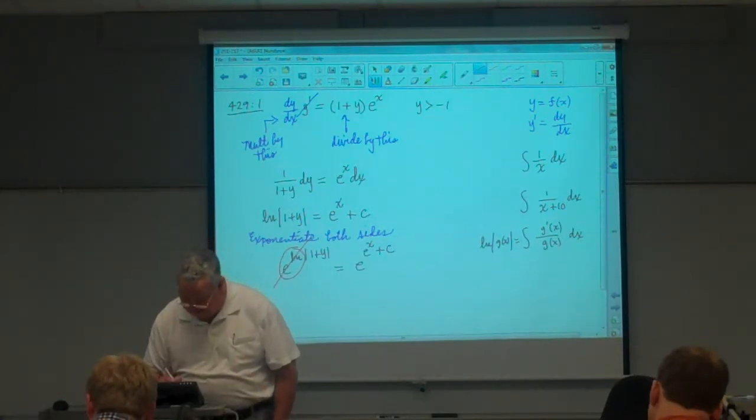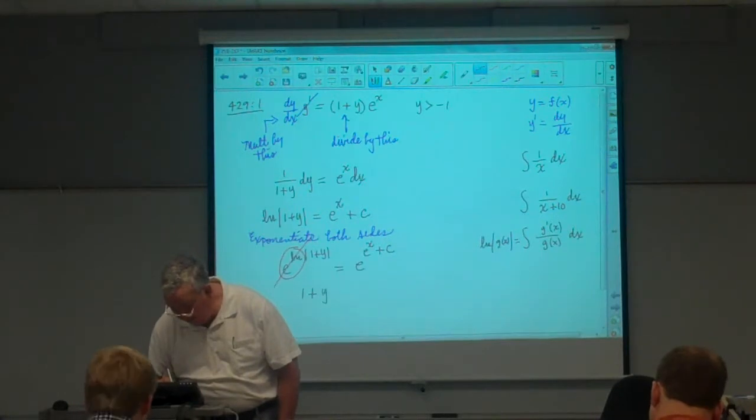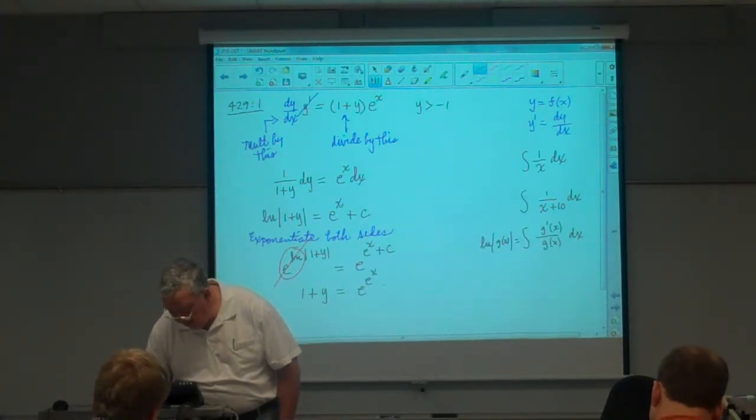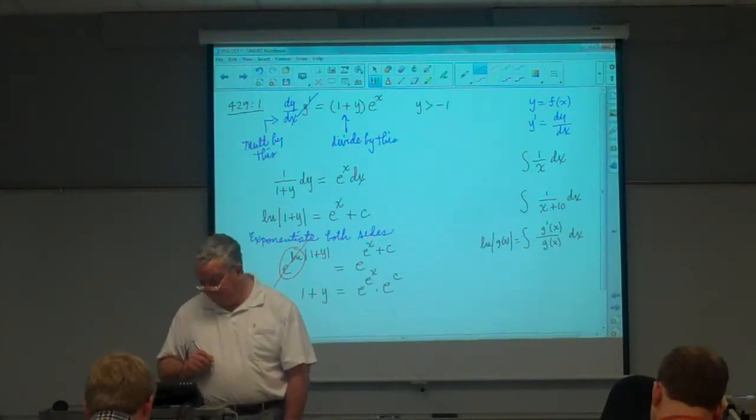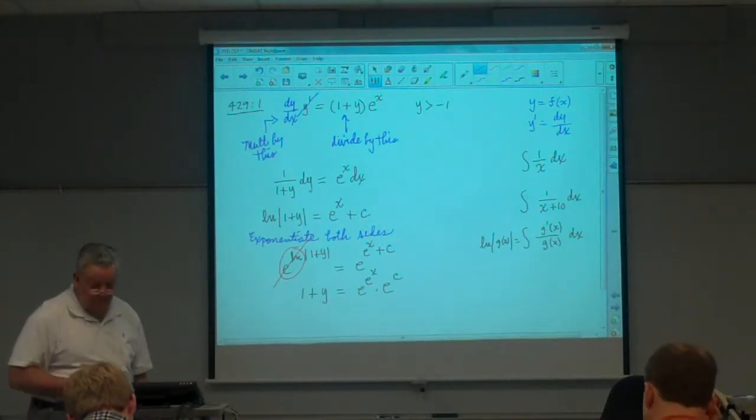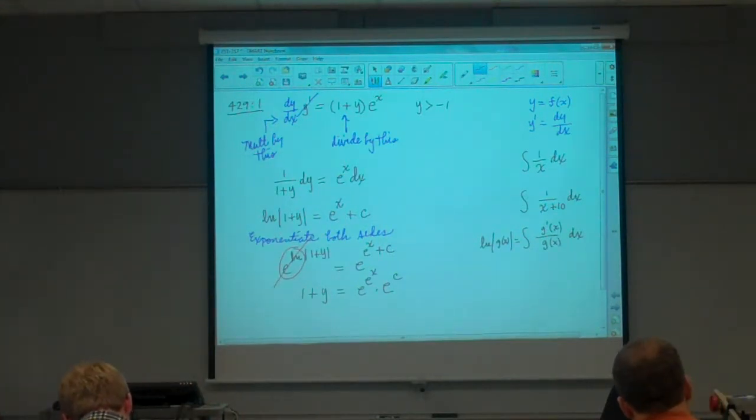And now I have 1 plus y is equal to e to the e to the x times e to the c. Do I see exponents on the right? There are two of them.